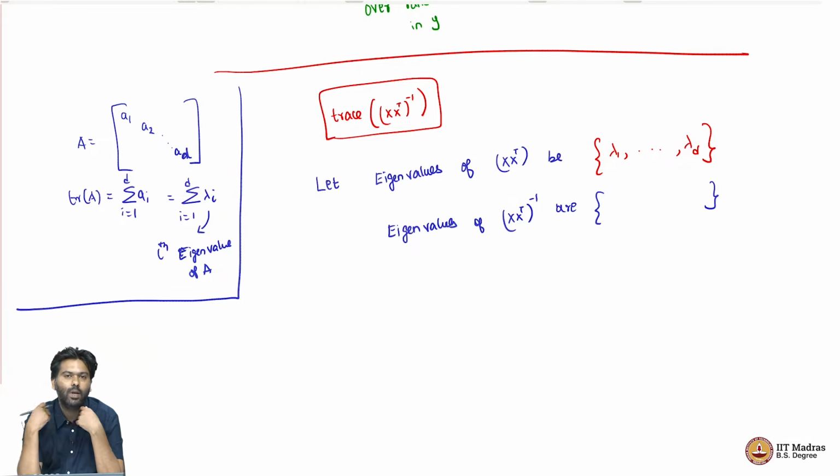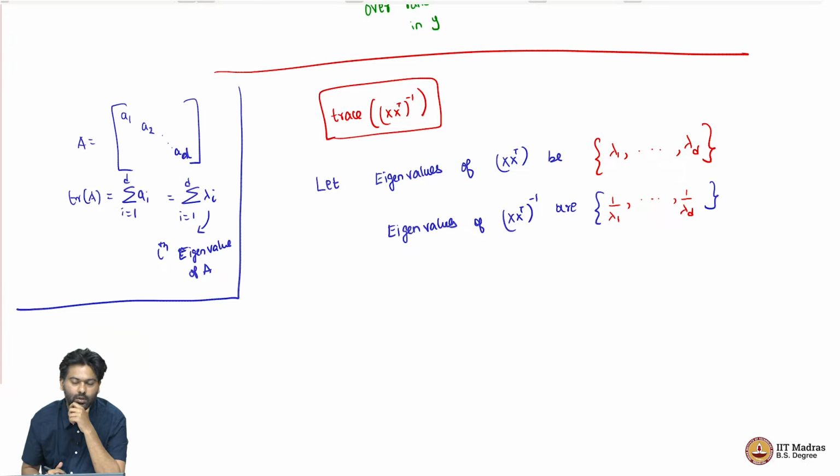Well, the eigenvalues of the inverse of the matrix are just the reciprocals of the eigenvalues themselves, right. So, this would be 1 by lambda 1 dot dot dot 1 by lambda d. These would be the eigenvalues of the inverse matrix.